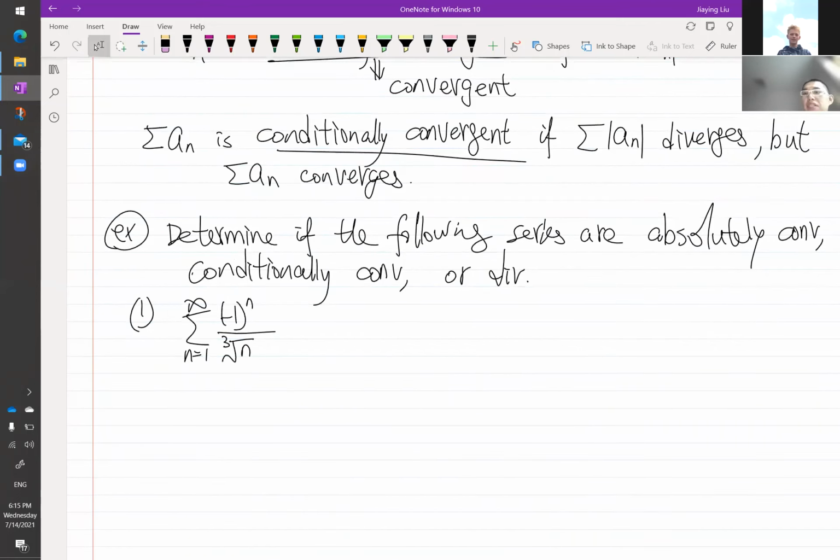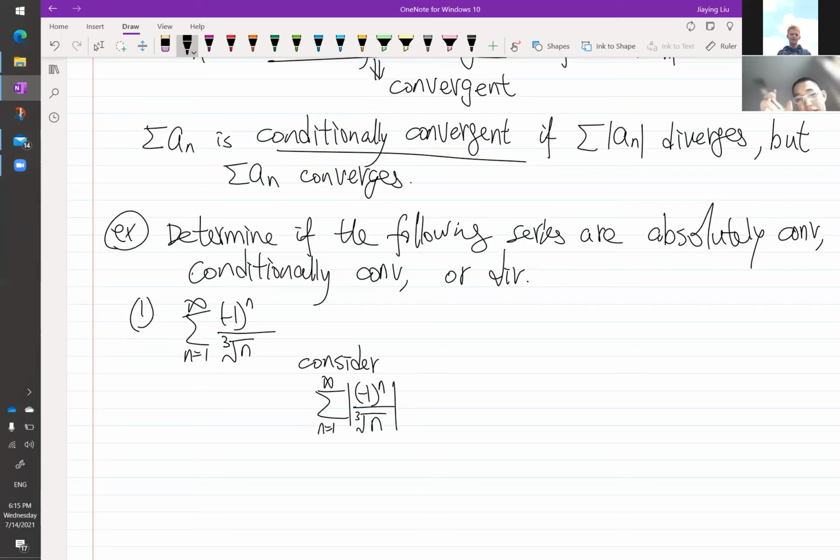Well, to know if it's absolutely convergent, we have to take this given series and find the absolute value series from it. So from here, we're going to consider the series with absolute value of (-1)^n divided by cube root of n, with absolute value, again, n from 1 to infinity.